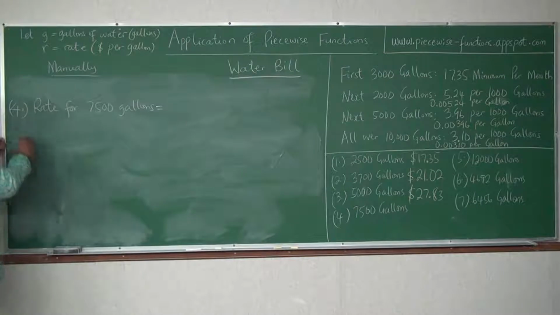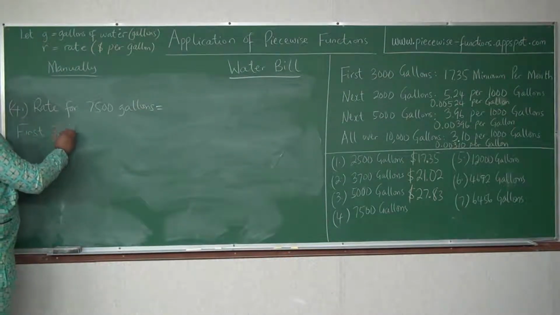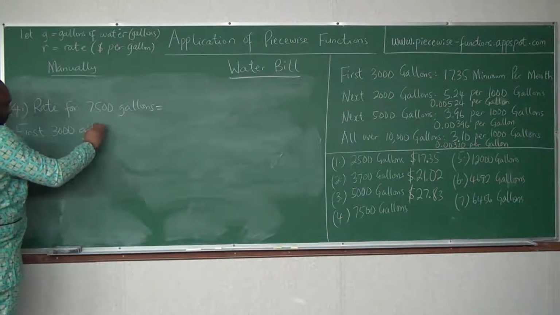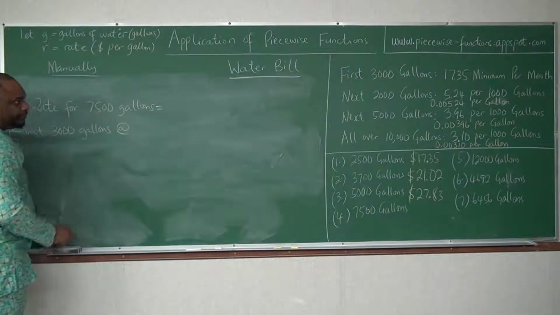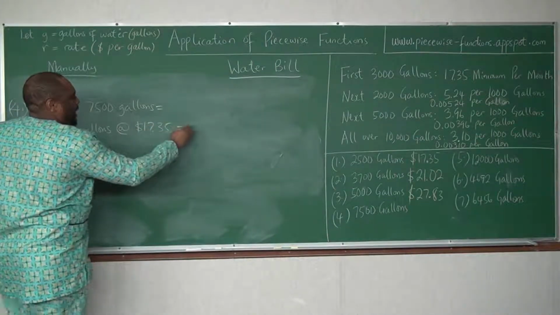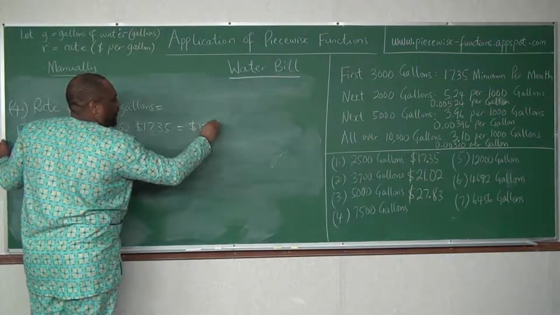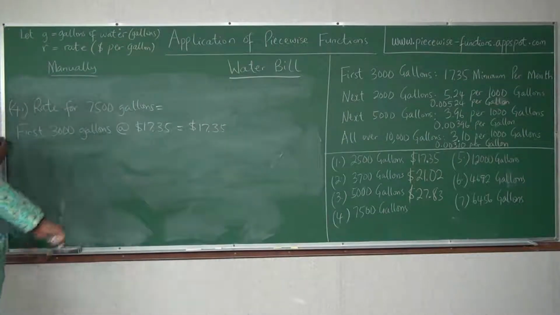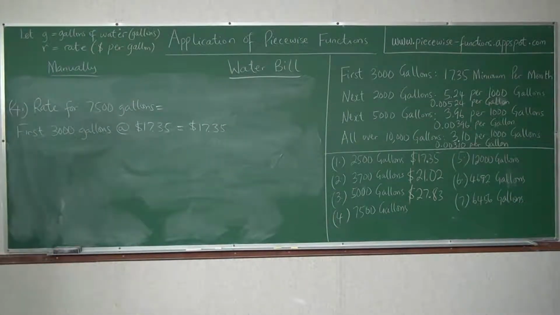We'll first of all do first 3,000 gallons at 17.35 minimum, that is $17.35. Okay, then we now do 7,500 minus 3,000.